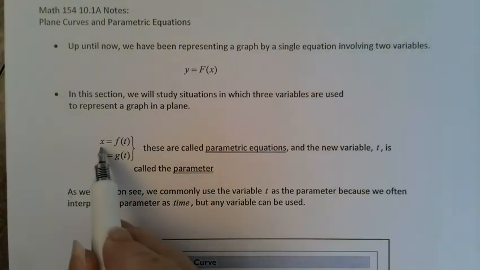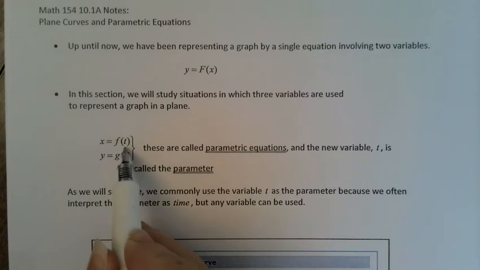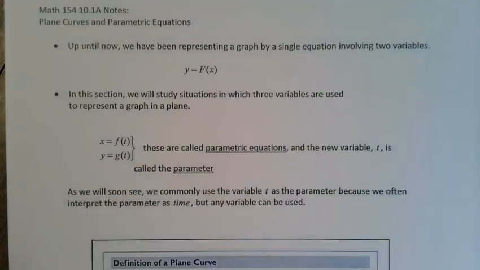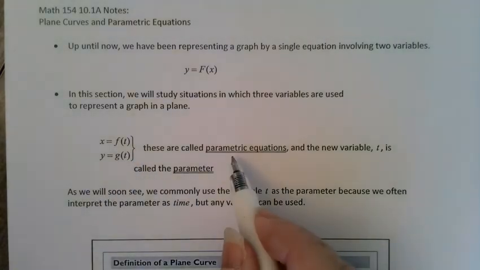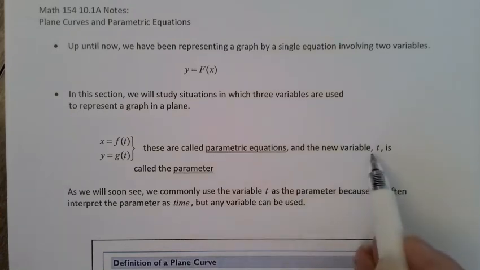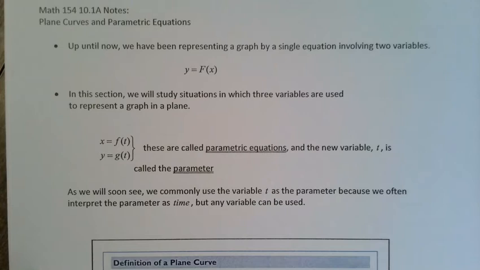We'll consider that x is itself some function of a third variable, t, and y is also a function of a third variable, t. When we write equations in this form, they're called parametric equations, and our new variable t we call the parameter.